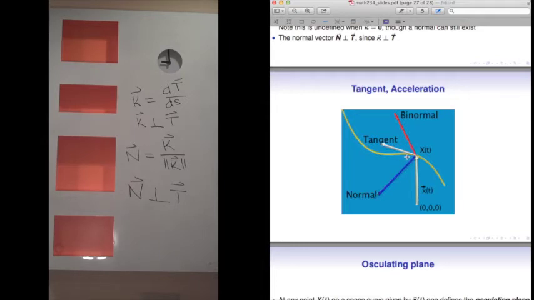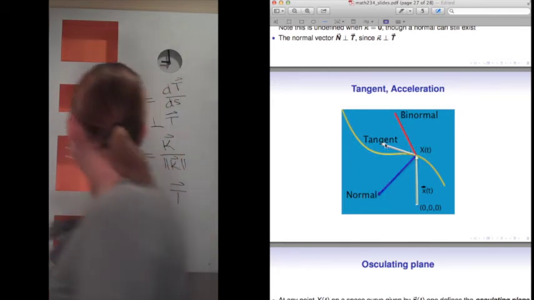In other words, there's a right angle right here between the tangent and the normal, right? We showed that for the circle, then for a more generic curve in 2D, and this is the 3D version. So we have a tangent and a normal that are perpendicular.